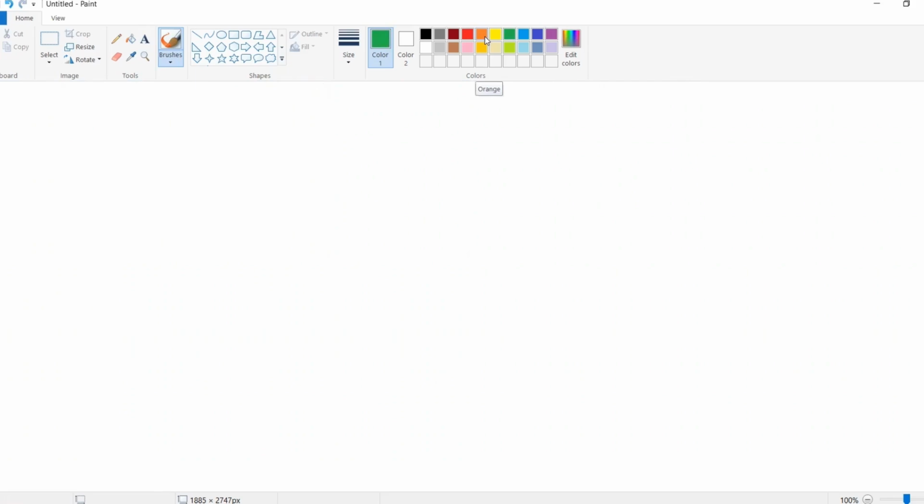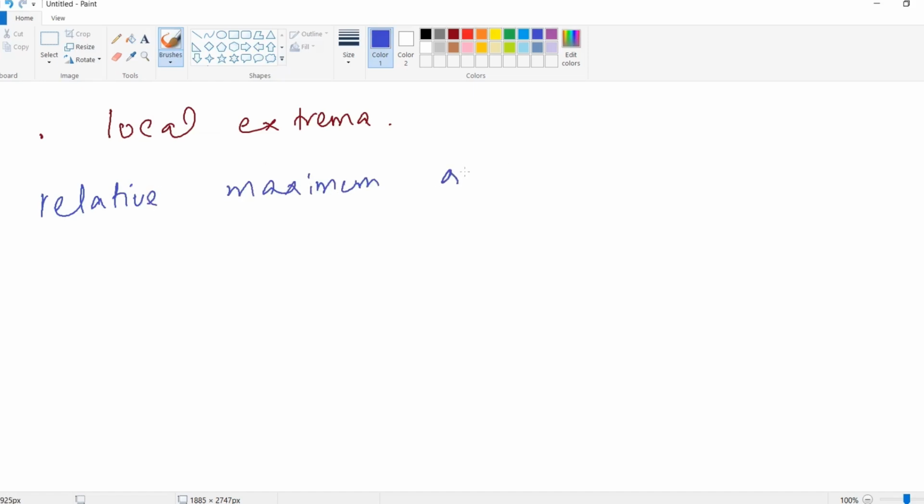Now, in addition to global maximums and global minimums, there are also local extrema, or relative maximums and relative minimums. So the second one we have is the relative or local extrema. Local extrema have a relative maximum or a relative minimum.